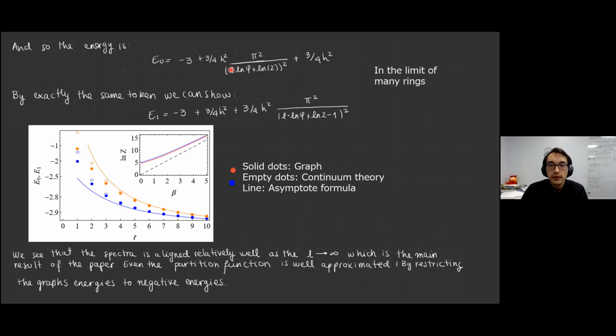So in the limit where L grows very large, we can approximate the number of points by this power of the golden ratio. Then what we find is that the ground state energy looks like this, and the first excited state looks like this.